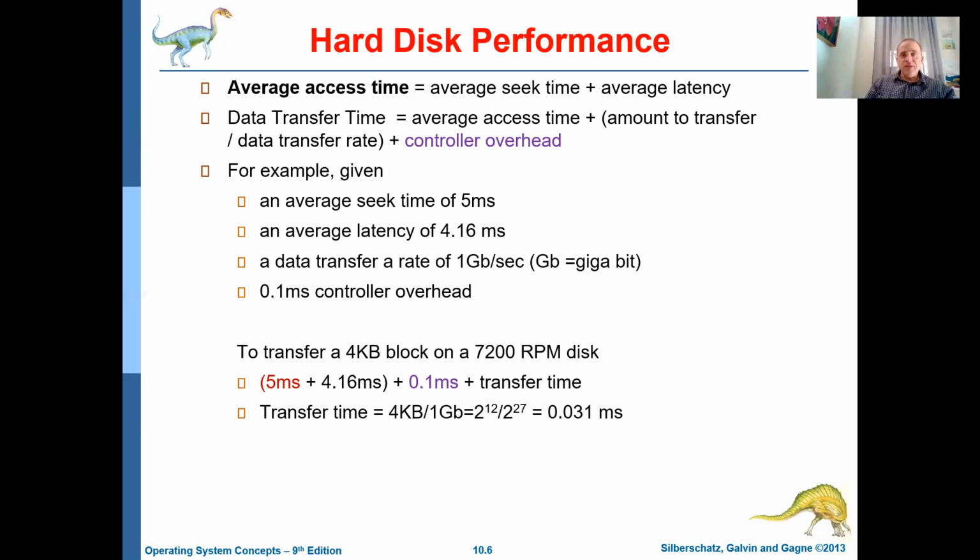So, for example, given an average seek time of 5 milliseconds and an average latency of 4.16 milliseconds and a data transfer rate of 1 gigabit per second. Now, transfer rates are usually measured in gigabits because from the perspective of the disk, it's just reading bits. It doesn't know what a byte is.